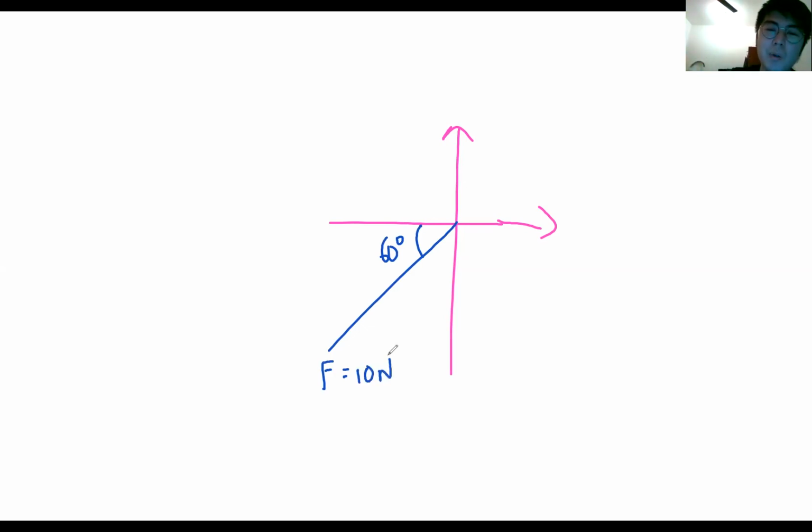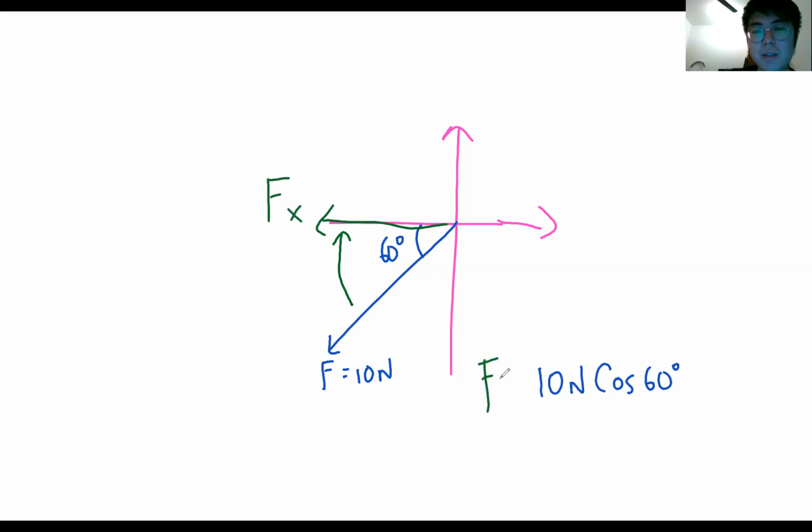Find the horizontal component of this force. If you take the force 10 N and cos the angle, it means you pull the line down toward the angle so that it becomes straight. So this is the horizontal Fx. Fx is 10 cos 60.